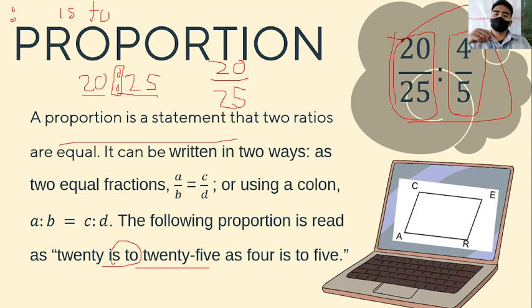If you are not equal, if you made the wrong thing, the statement is you are not good. So proportion is a statement. Ratio is a comparison of two quantities.